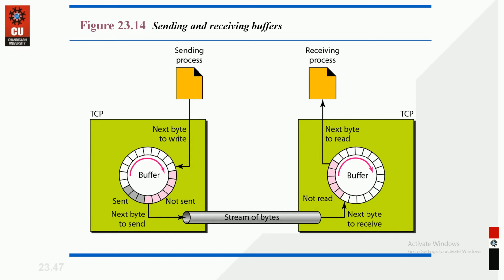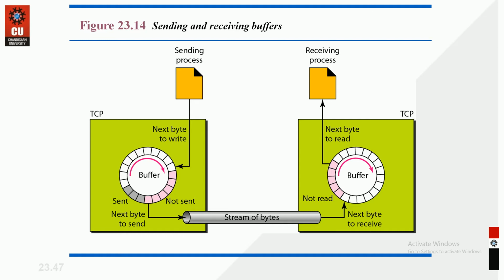Then, the buffer. How can we define the buffer? Obviously, a buffer is a space where we can store temporary data, right? As you can see, first we discuss the sending process. On the left hand side, it is in circular form.